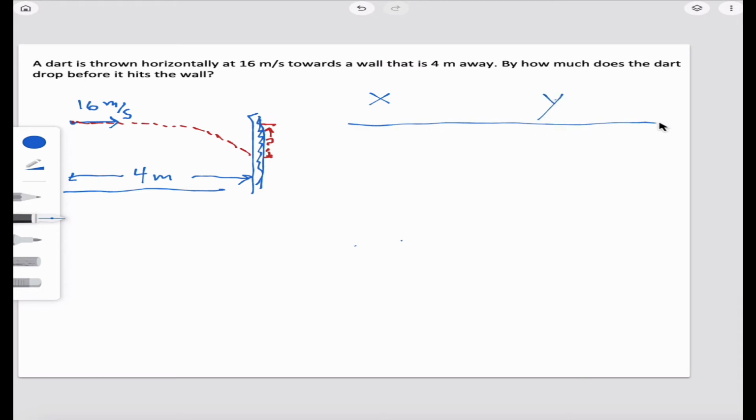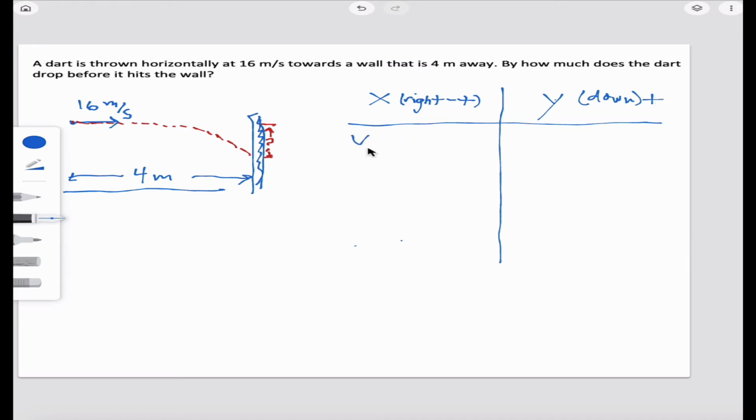So we need to make two columns, one for the X and one for the Y. And we also need to specify what is our positive and negative. Because all the motion is to the right and down, we're going to say to the right is positive and down is positive.